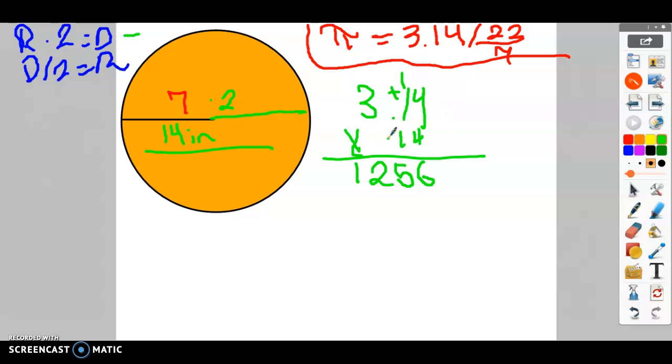Now it's on to the next one. 4 times 1 is equal to 4. 1 times 1 is equal to 1. 1 times 3 is equal to 3. Oh, but wait.